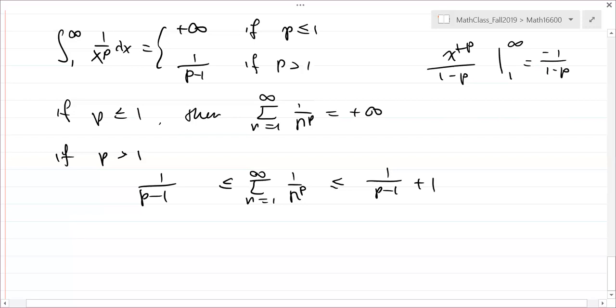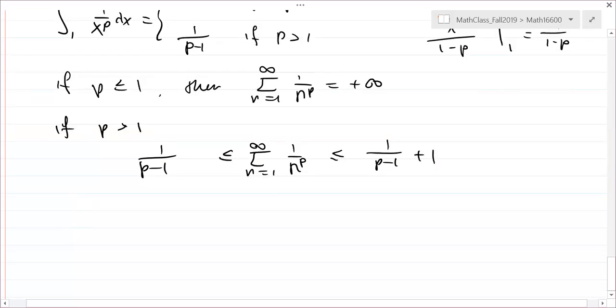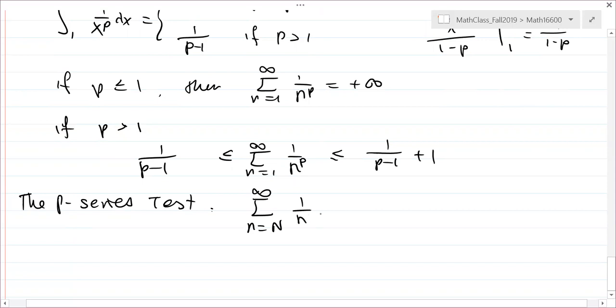In the future, we're going to call this the p-series test. It says that the series from n equals 1 to infinity of 1 over n to the p is convergent if and only if p is greater than 1.